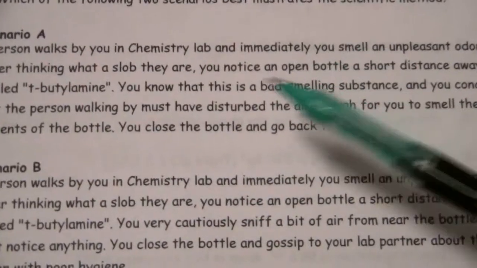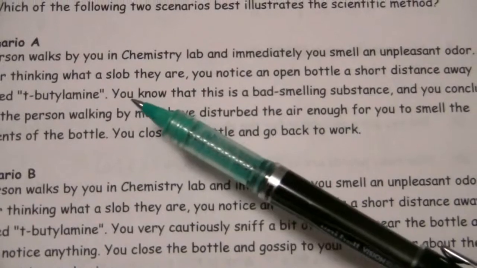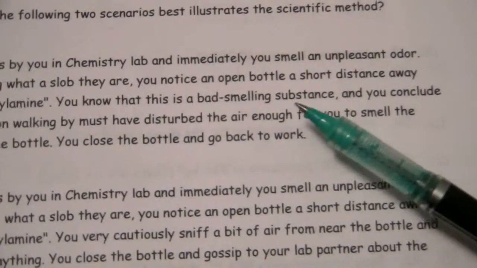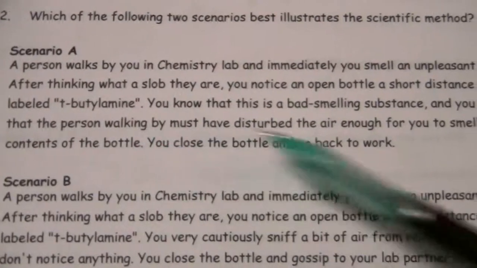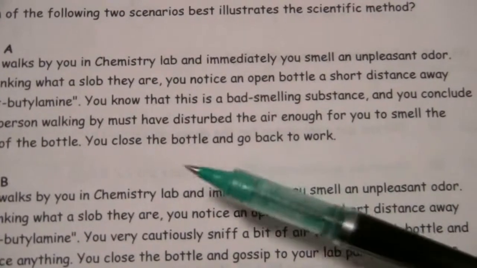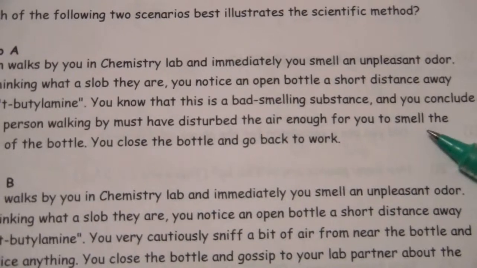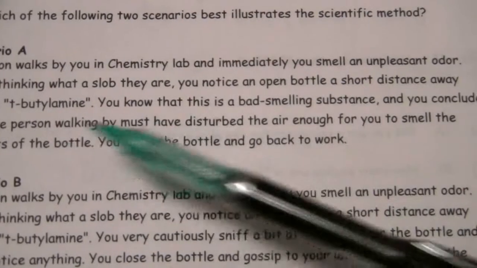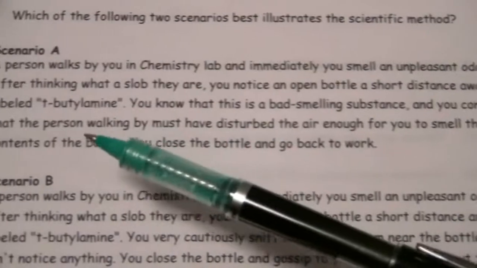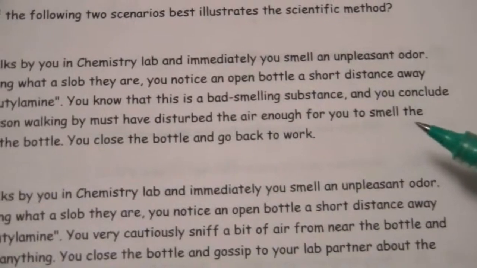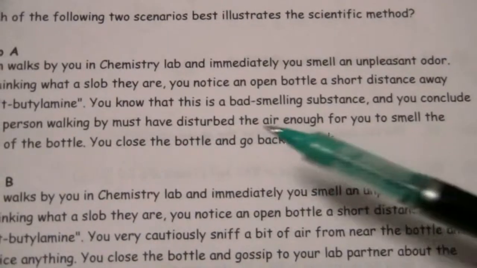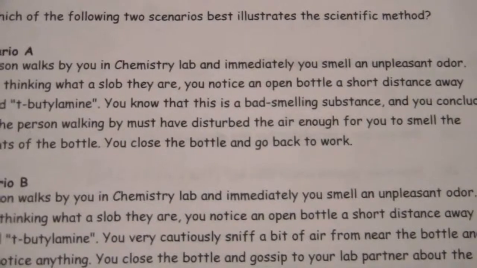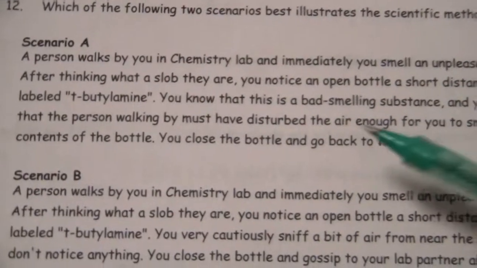Now in the first scenario, you know it's a bad-smelling substance, and you conclude the person walking by must have disturbed the air enough to smell it. That is a hypothesis, but was there any test? No, there's no test. You just know it is a bad-smelling substance, and you make the conclusion. You haven't really tested it in this scenario.